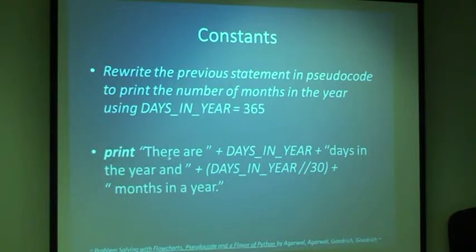So again, this is an example. You can use constants anywhere you would use a variable, like in this print statement, in pseudocode. Again, we are not looking at Python yet. We'll come to that. Any questions on that? Of course, it will print just one string, a combination of all this.